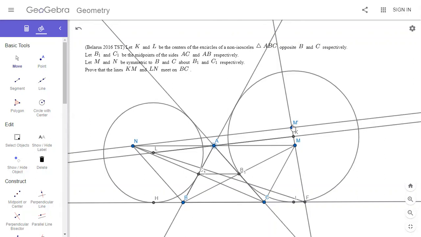Can we show M prime N is 90 degrees? That's the question. Or can we show MKA is 90 degrees? Yeah, any single one will work.